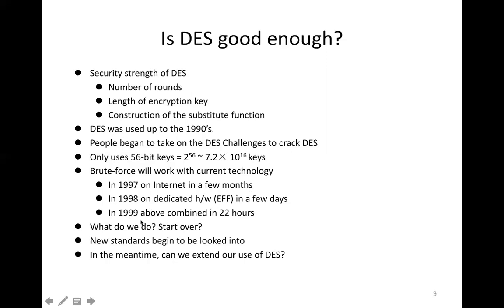And then in 1999, by combining these methods, it only took 22 hours to crack DES. So you only take 22 hours to crack DES encryption. This is not secure at all. So what do we do next?